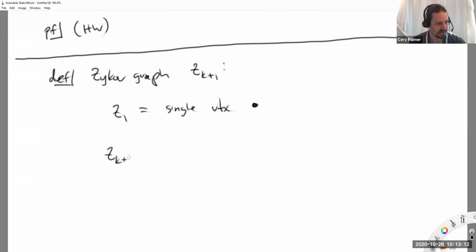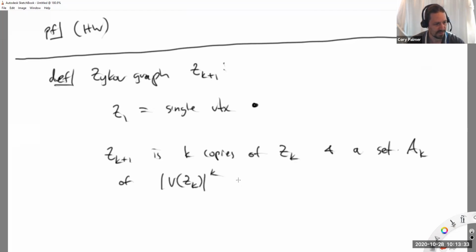So Z_{k+1} is k copies of Z_k, the previously constructed graph, and a set A_k of lots of vertices, of size |V(Z_k)|^k. Okay, so I take k copies of the graph Z_k itself. At first, it's just k individual vertices.